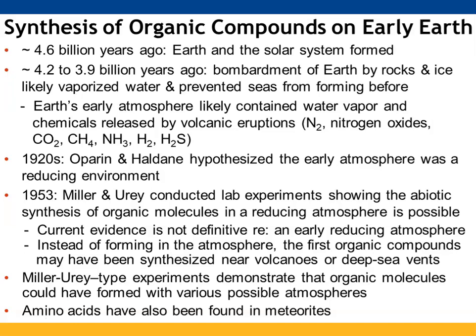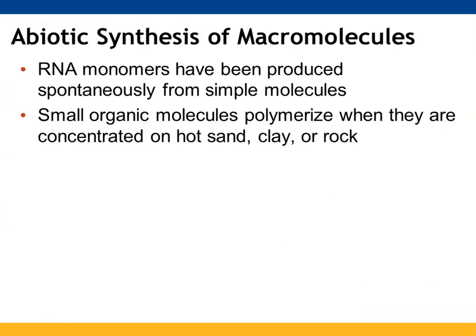It's not definitive at this time whether they formed in the atmosphere or not. It's also been hypothesized that these compounds might have been synthesized near volcanoes or deep sea vents. But Miller-Urey type experiments have demonstrated that organic molecules can form in different types of atmospheres. It's also been shown that amino acids are present in meteorites.